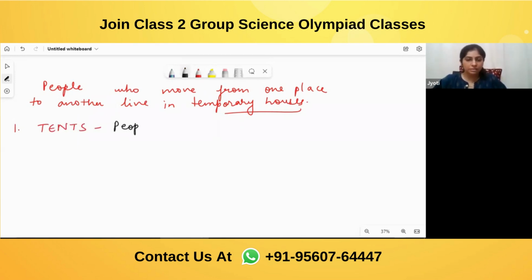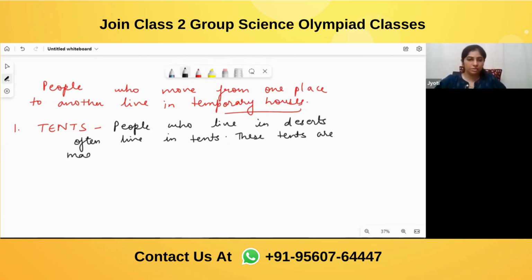People who live in deserts usually often live in tents. These tents are made of cloth and can be moved easily.